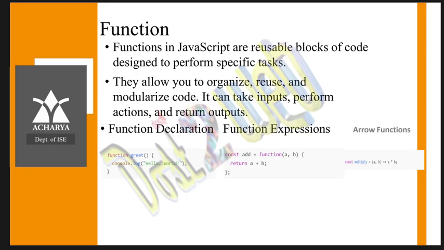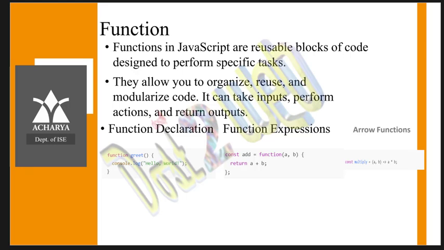Now in JavaScript we have something new called the arrow function. You can define a function with an arrow symbol also. How can you do that? See this example. I use const, and any variable name, here multiply, is equal to, and in the brackets I write A comma B directly.